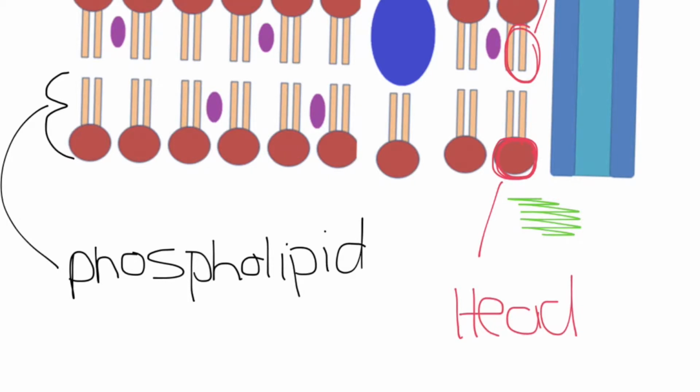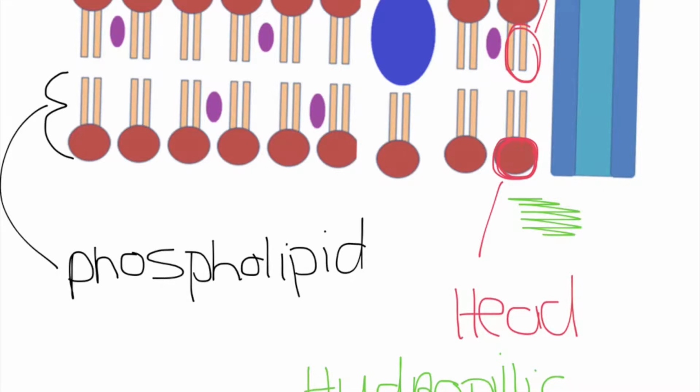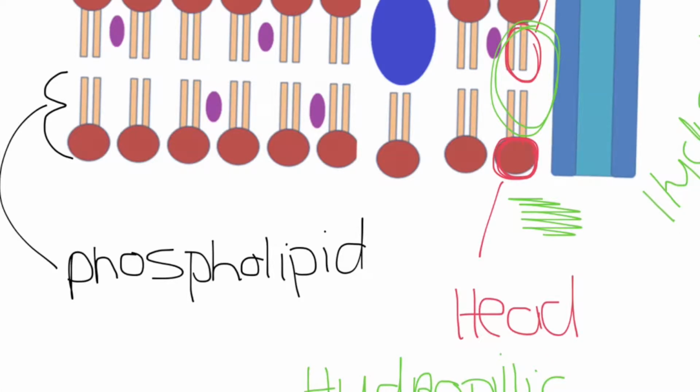So both of the heads are touching the fluid, so that must mean that they are hydrophilic. They like water. Okay, whereas the tails, they are in the inside, so there's not as much fluid there, so they're hydrophobic. So when you are labeling a diagram, you must say the hydrophilic head and the hydrophobic tail. Okay, if you don't add those in, you are not going to get the marks.